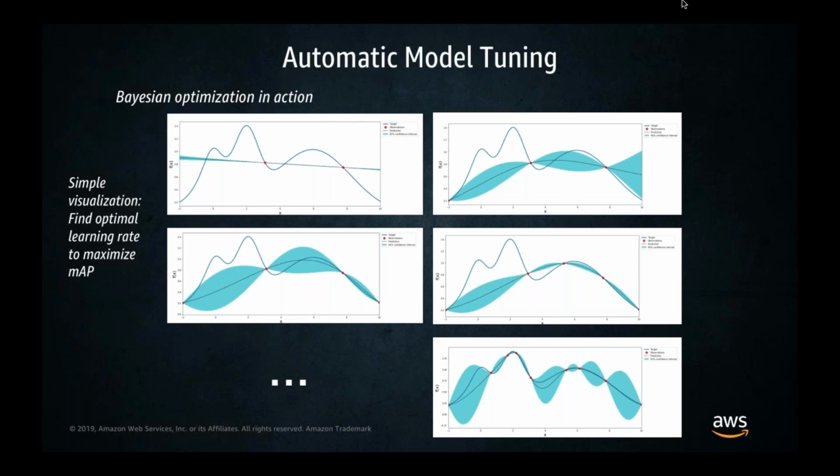What you see here is basically a simple visualization of Bayesian optimization in action, for example, finding the optimal learning rate to maximize an objective metric like mAP. Ultimately, Bayesian optimization has been demonstrated to be more effective than techniques like random and grid search, and it's going to help reduce training time and costs.